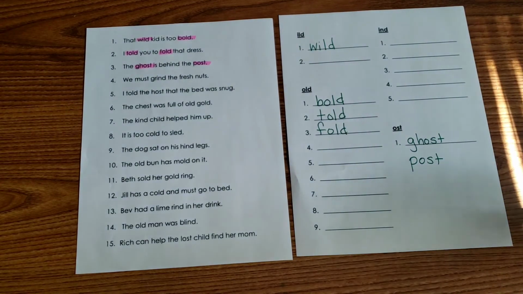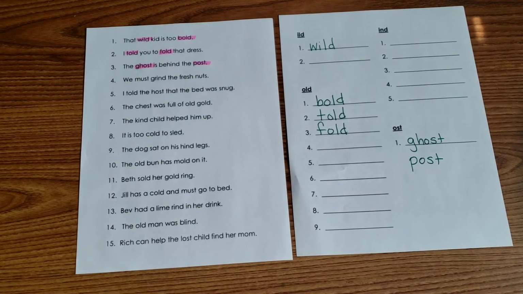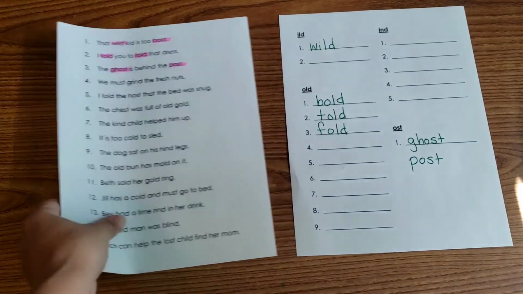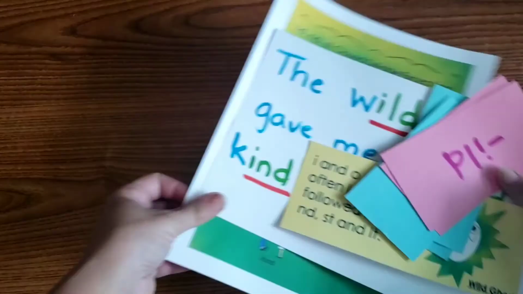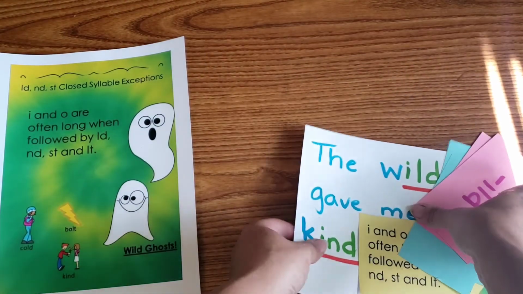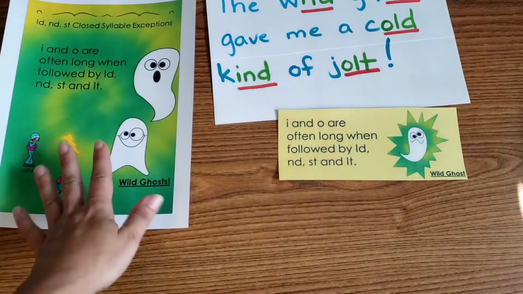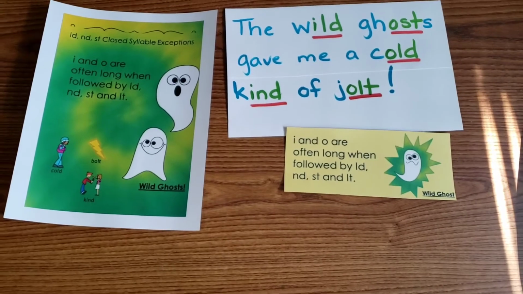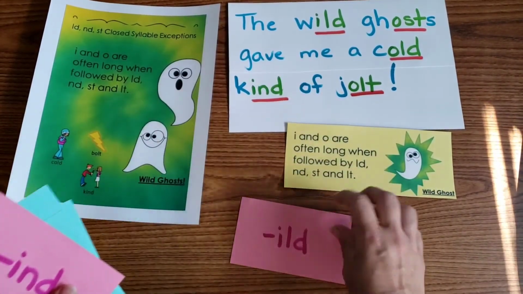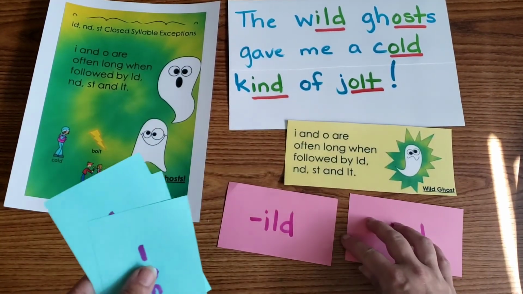I know that it's kind of a pain when things aren't always just easy, right? A closed syllable always says a short vowel sound. Yep, except when our wild ghosts come around, right? So what we need to remember is that we have these closed syllable exceptions, ILD, IND.